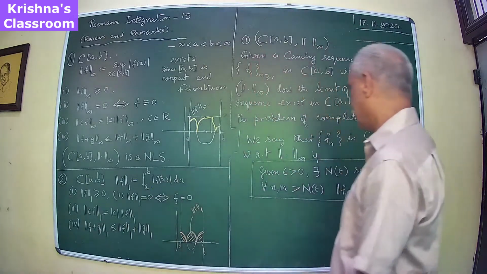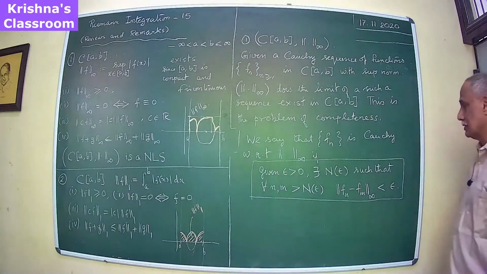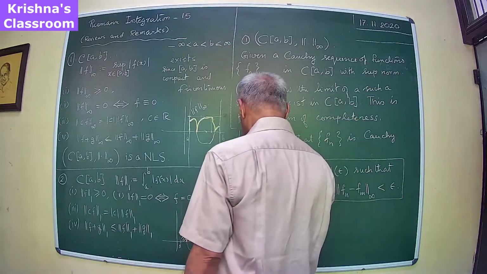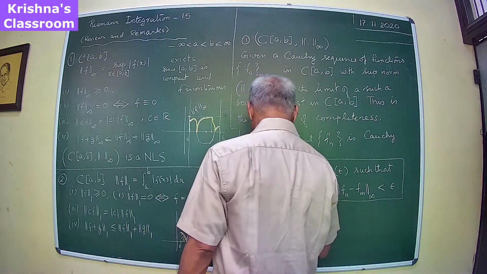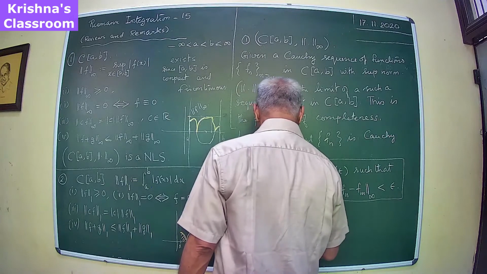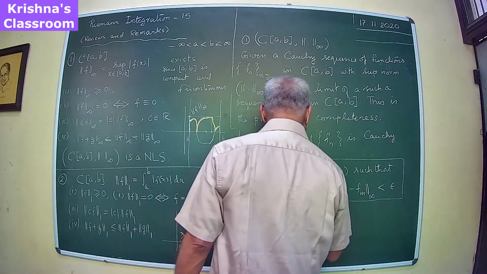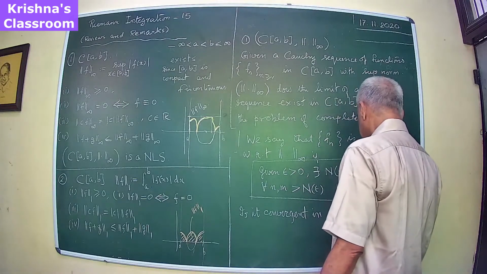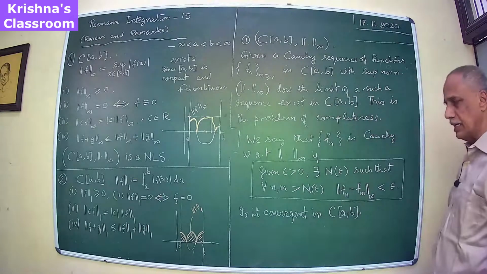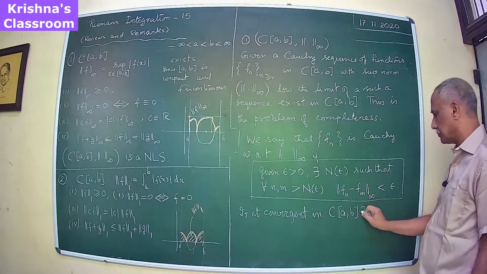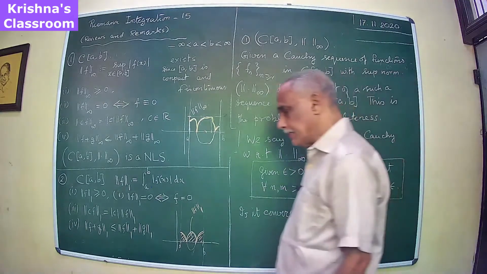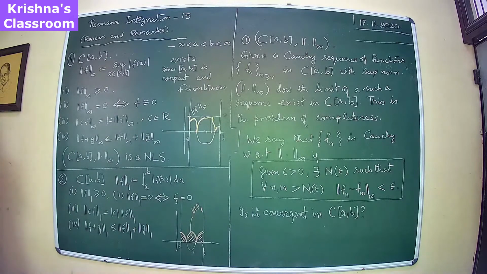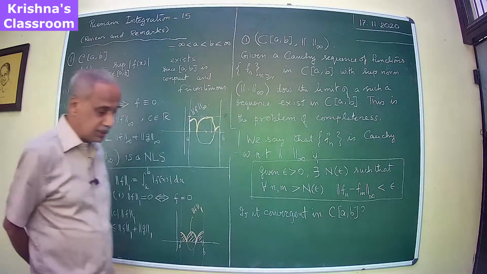So the question that you have is, is it convergent? That means, what about the limit of this function? Sometimes the limit may exist, but the limit may not be a continuous function.